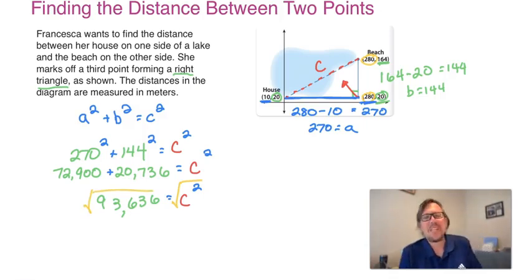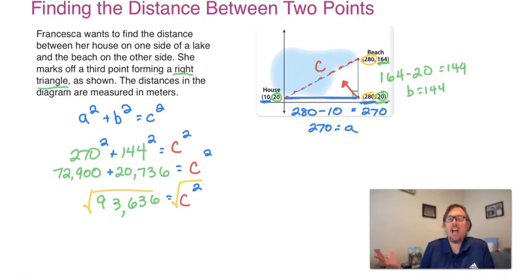Okay, so now I need to take the square root of both sides. So I need to take the square root of 93,636, which, child's play. Well, you know what? I'll do the hard part.